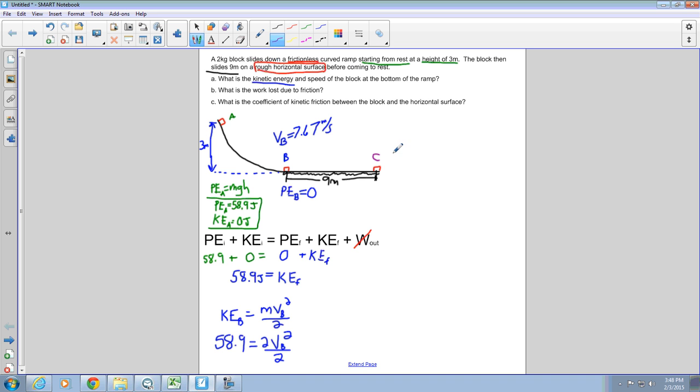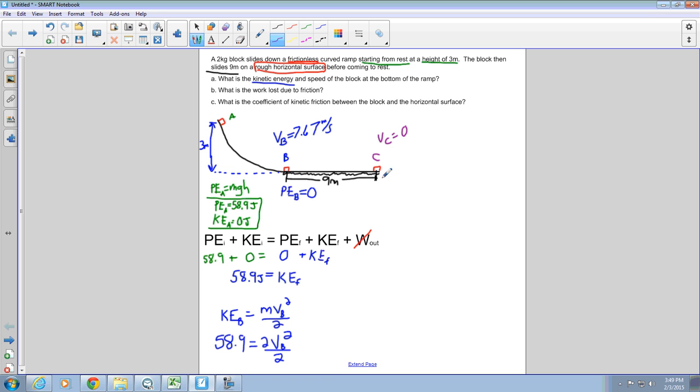So if it's coming to rest at point C, then the velocity at C is equal to 0. Okay. And the potential energy at C, or the height at C, is 0.